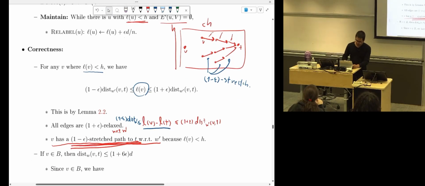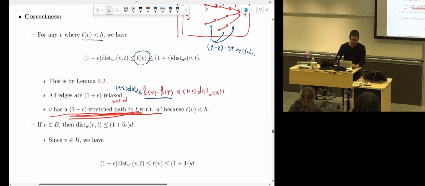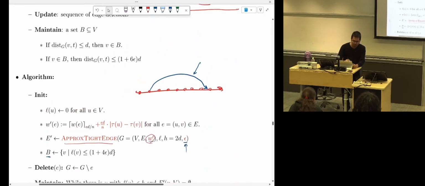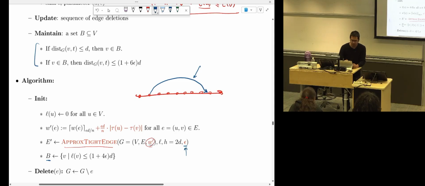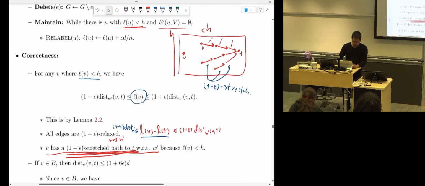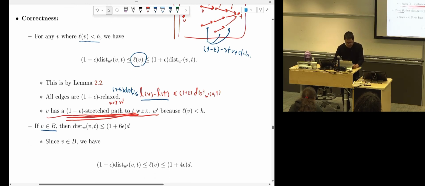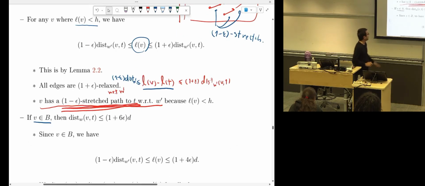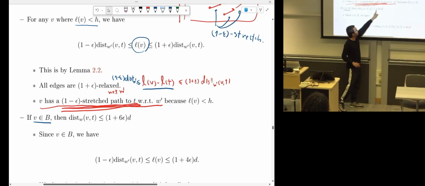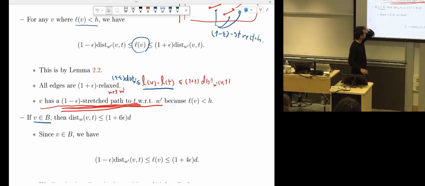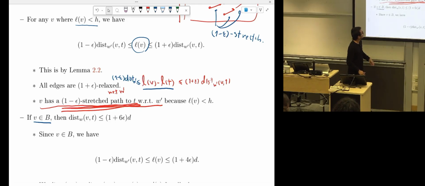So now, let's prove what we want about B. If the distance is small, it's in B. If it's in B, then the distance is small. If it's in B, we want to prove that the distance is small. What do we know?